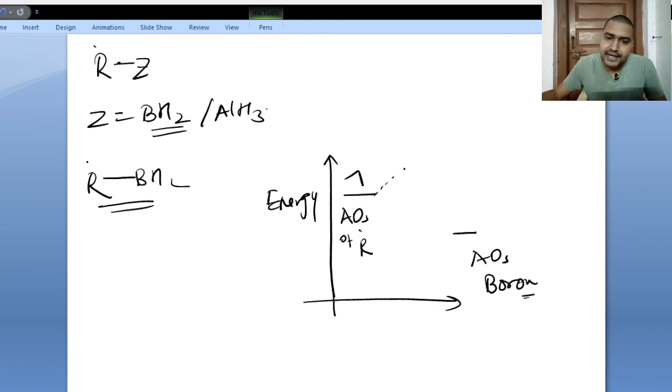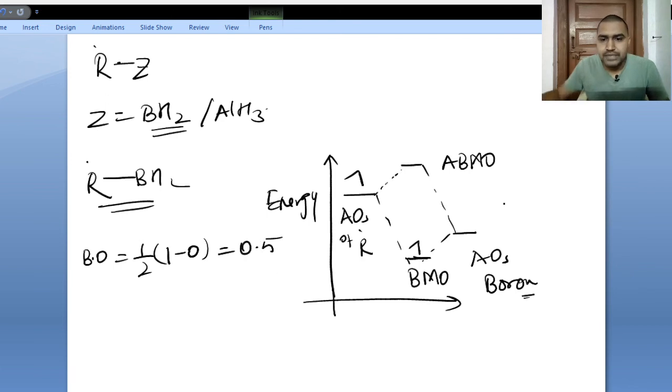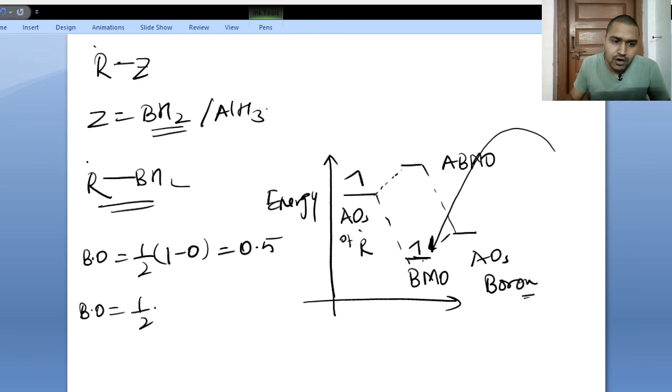So it will generate an equal number of molecular orbitals. This is BMO and this is ABMO. It has one electron. So what is your bond order? Half of 1 minus 0 is equal to 0.5. If it accepts one electron, what will the bond order be?